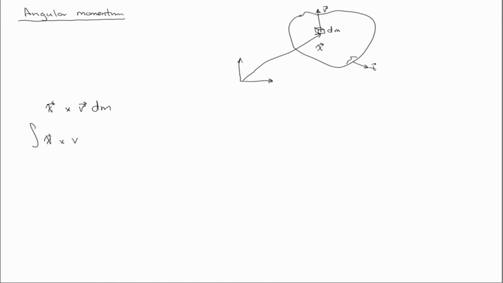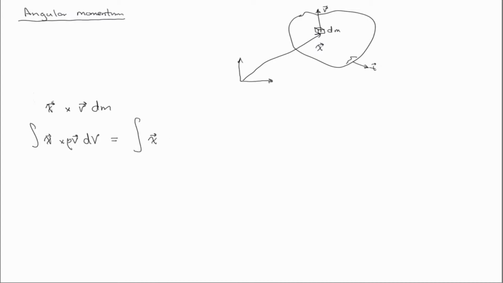And so for the total body, then we have x cross v rho dv, right? And that's equal to the moments applied, so it's the same thing. I mean, there's only two types of forces, surface forces and body forces. And so for the body forces, we have x.